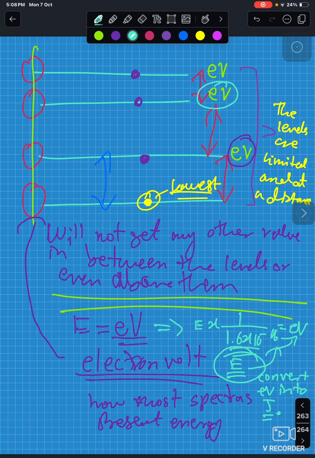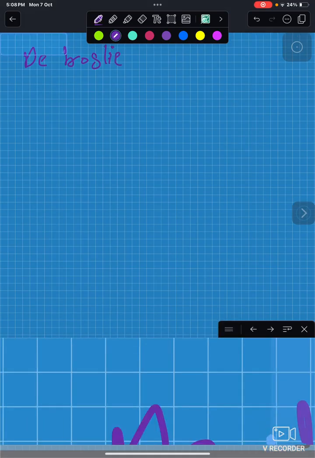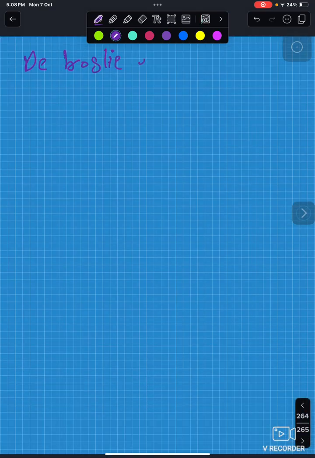And I mostly prefer energy level, because energy is most simple, and then we can use the de Broglie equation. What is this equation?